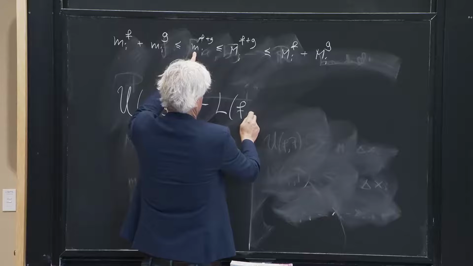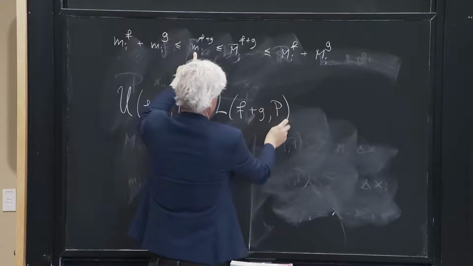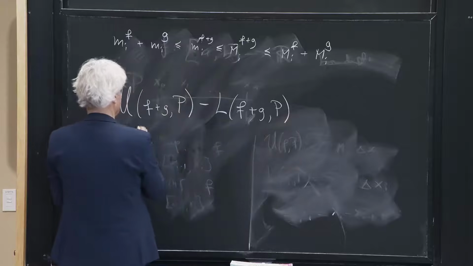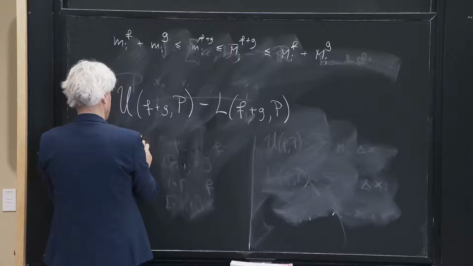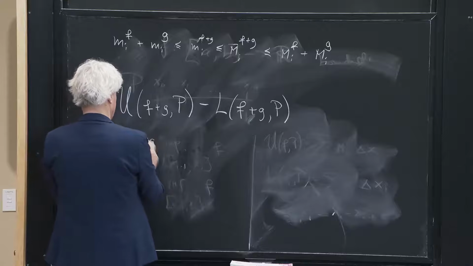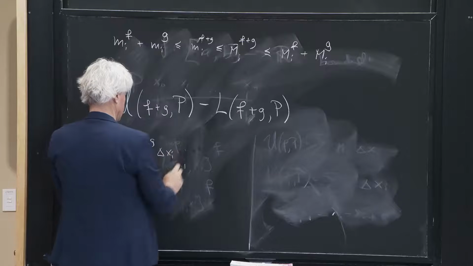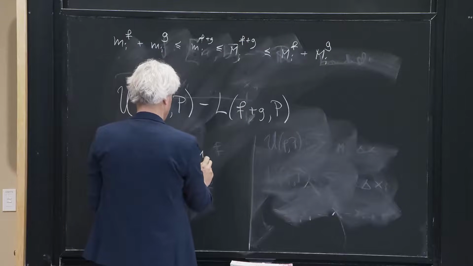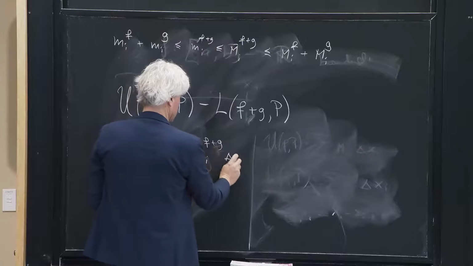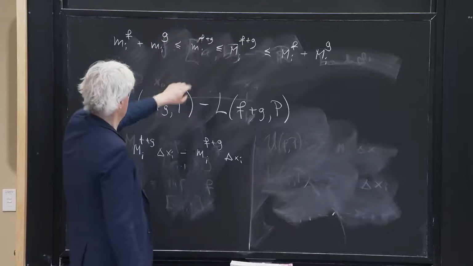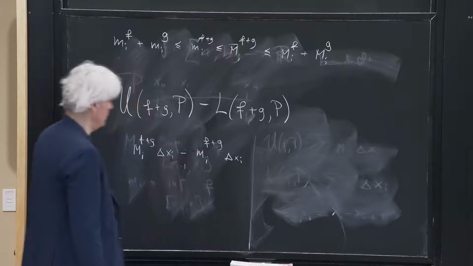So on that little interval, the contribution you get is M_i of f plus g times the length of the interval, minus m_i of f plus g times the length of the interval. This is the contribution from this little interval.